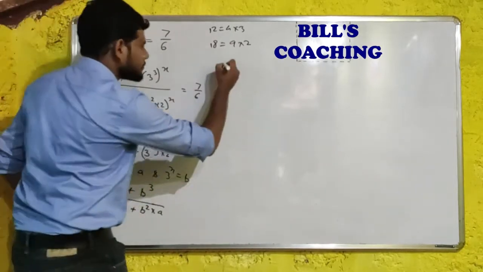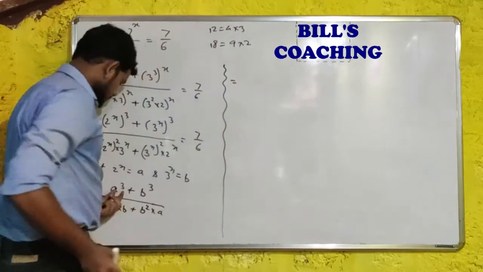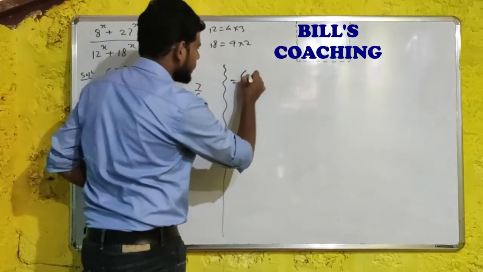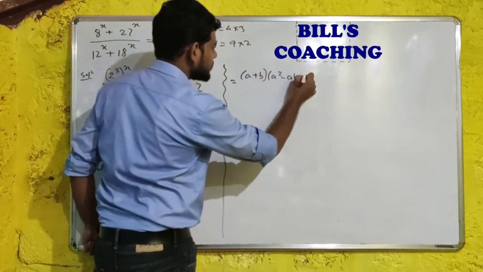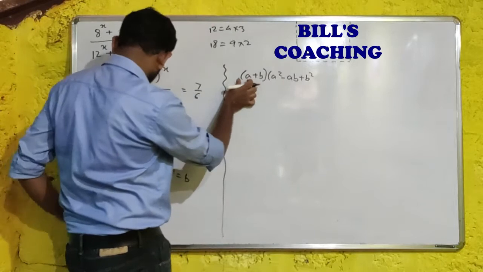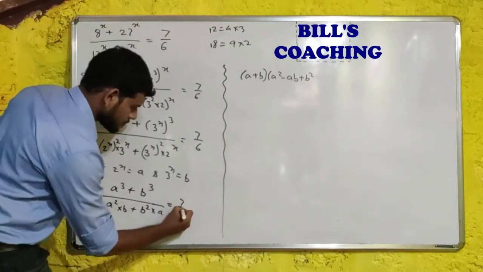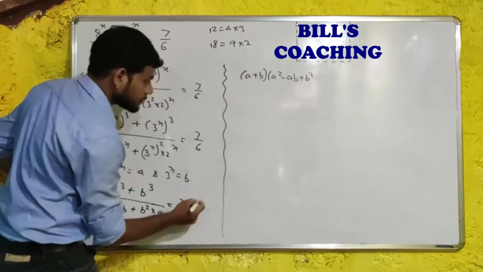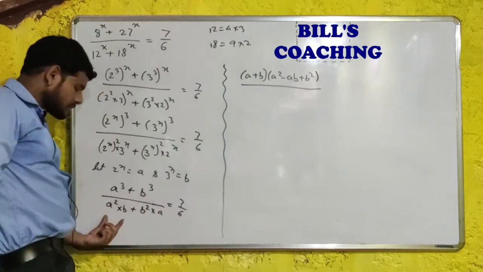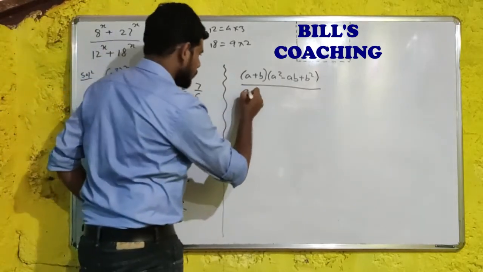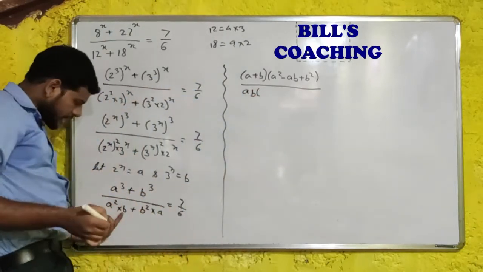Expanding, this is a plus b times a square minus ab plus b square, upon ab times a plus b, taking a and b common.